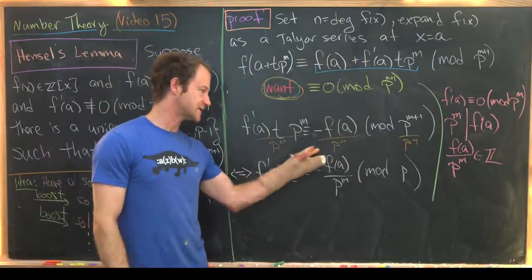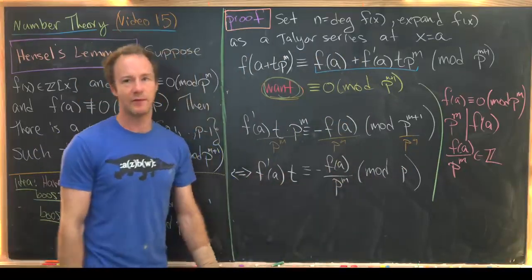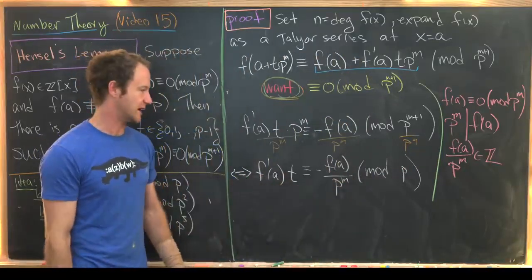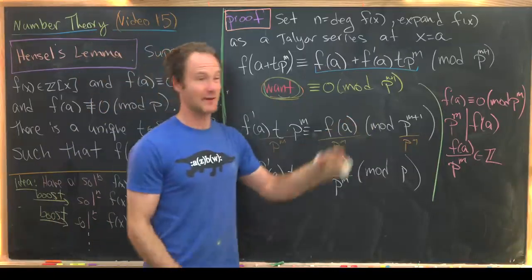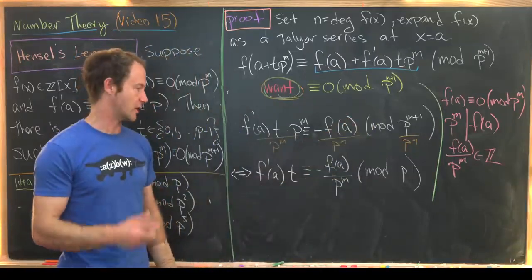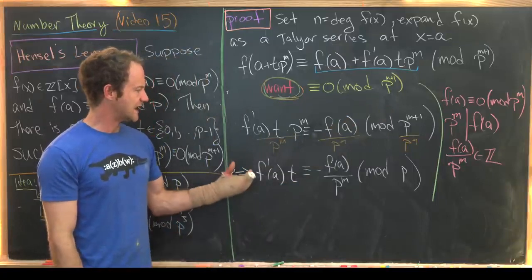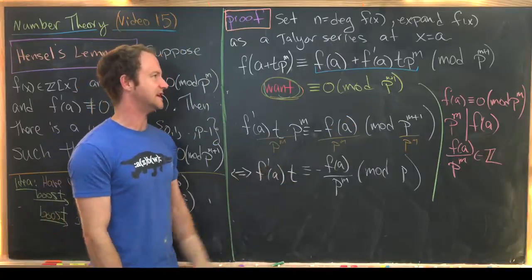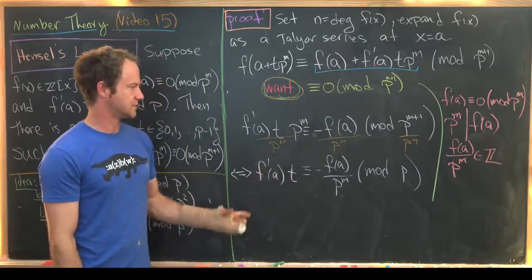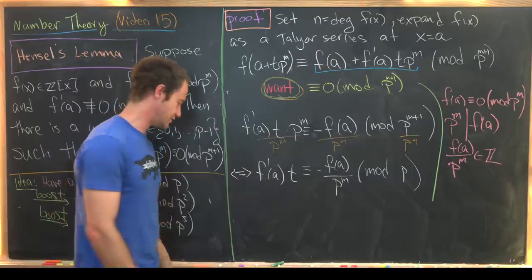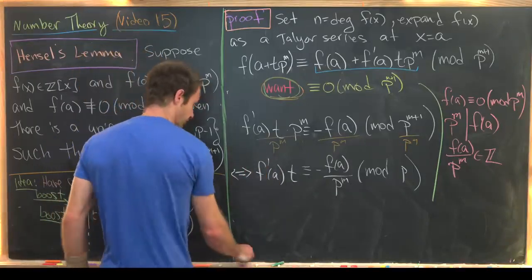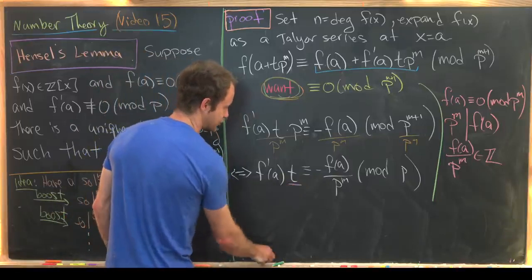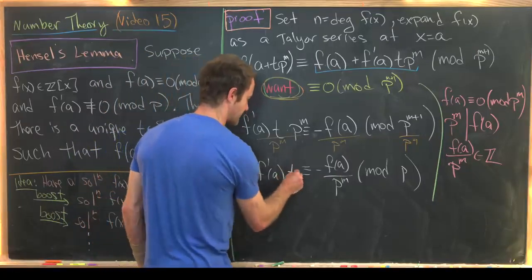Now this seems a little bit sketchy because we've got a denominator here, and generally we're just working in integers. But by that pink discussion over there, we're actually okay here. Now we have to argue that this has a unique solution. So how do we know that this has a unique solution? I should be more thorough and say I mean a unique solution for this t here.